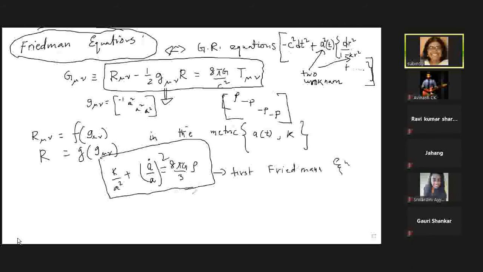And the second Friedmann equation is A double dot. It's a second derivative equation. These are the two independent equations. You get A double dot is equal to minus, there is a minus term, 4 pi G by 3 rho plus 3p.